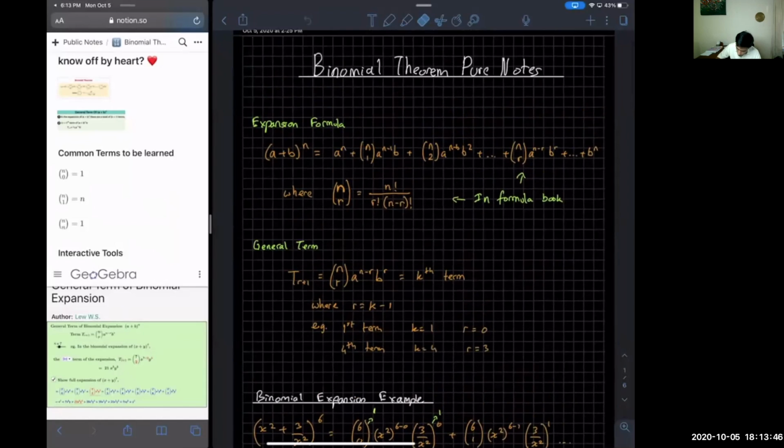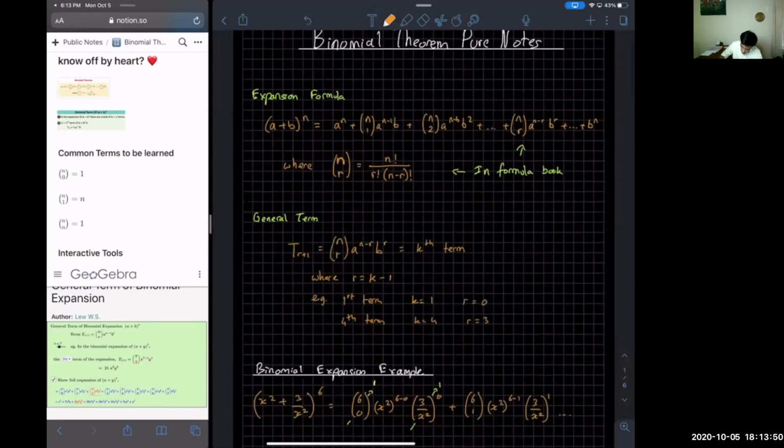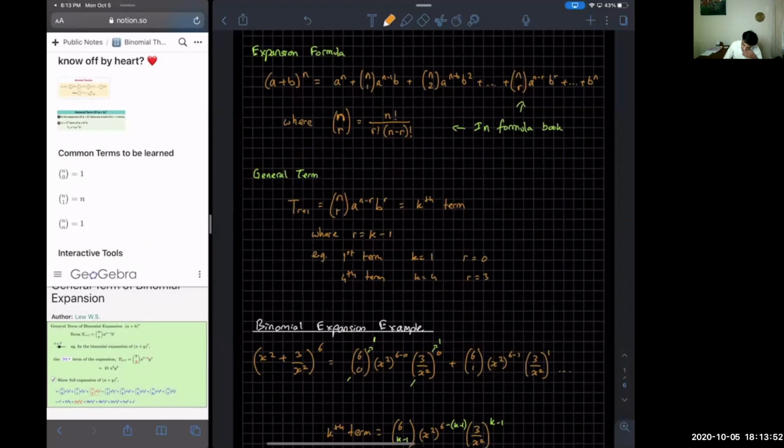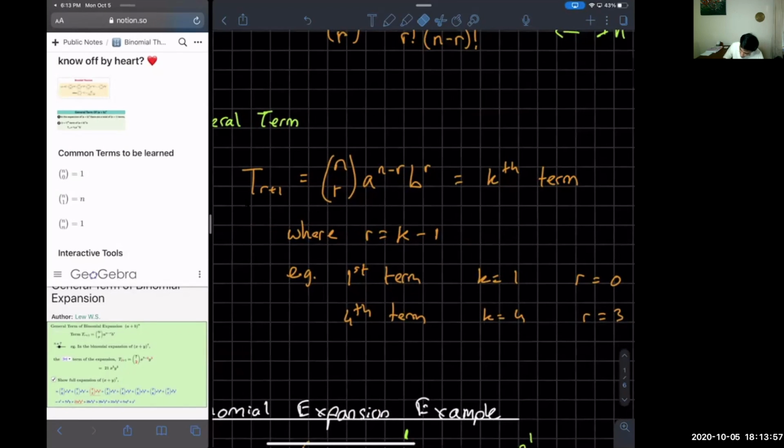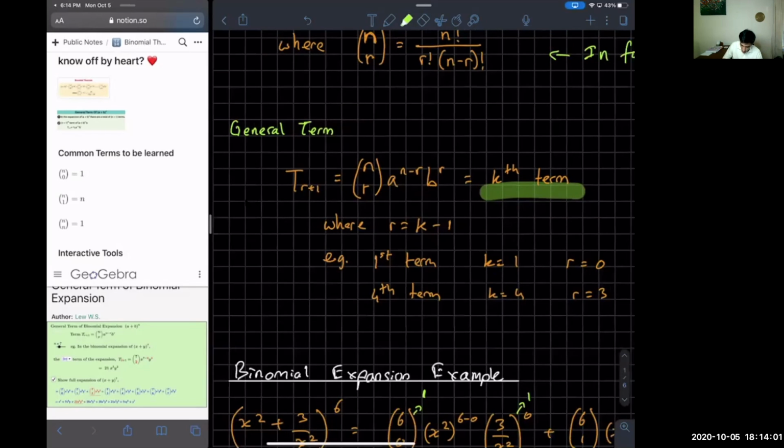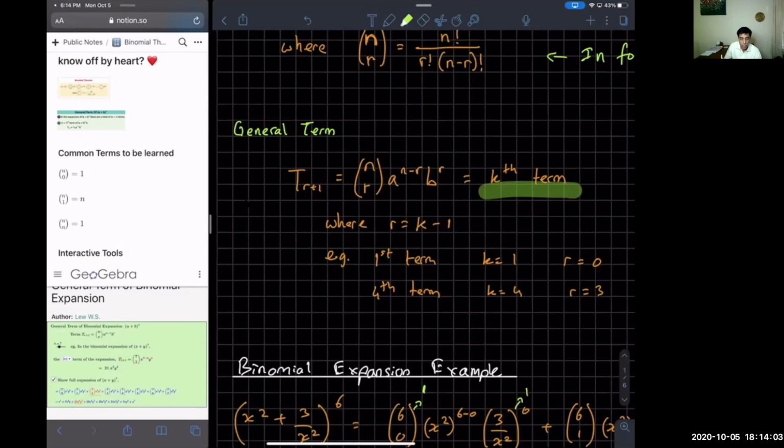So these are the pure notes here. Again, this portion is in your formula booklets already, so you don't need to know this. This, however, is very important. The key to remember is that for the kth term, that means for the 1st, 2nd, 3rd, 4th term, et cetera, you do r equals k minus 1, okay?